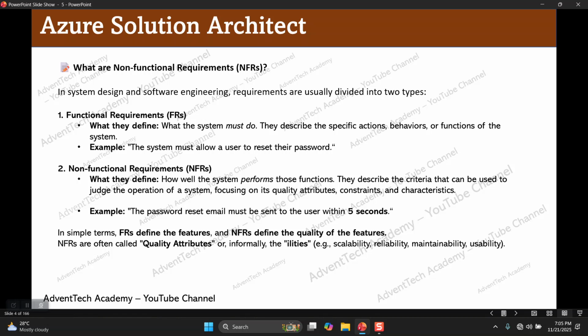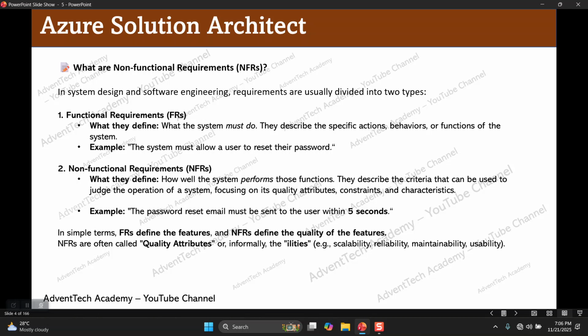The functional requirement describes the specific action. For example, take any e-commerce website like Flipkart or Amazon. The e-commerce platform will contain a login module, product module, price module, cart, and several other modules.